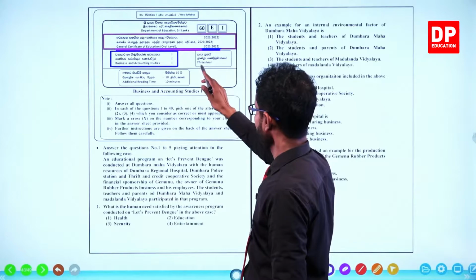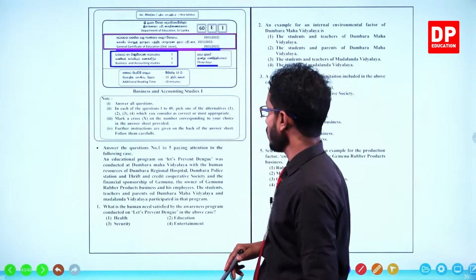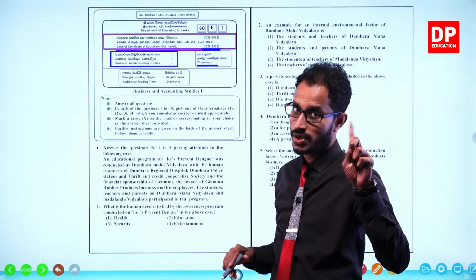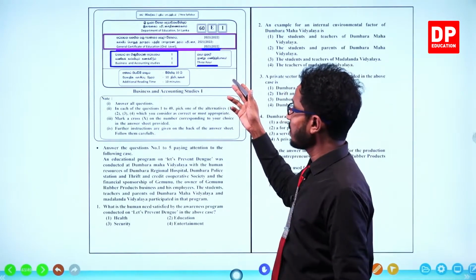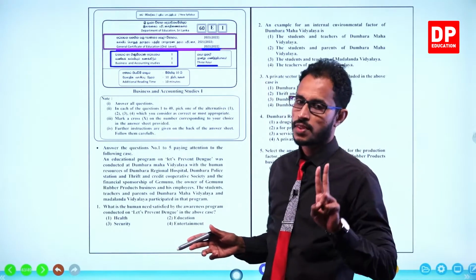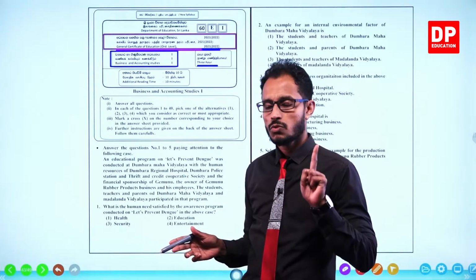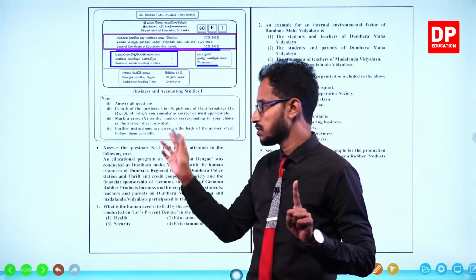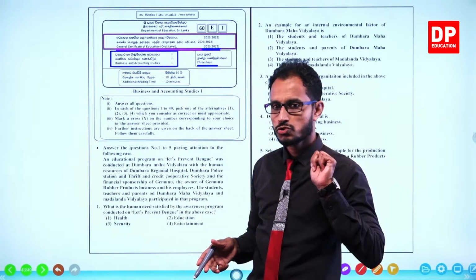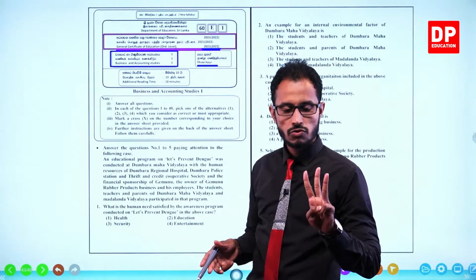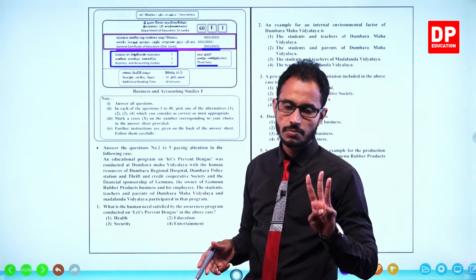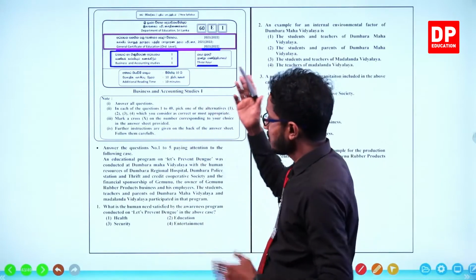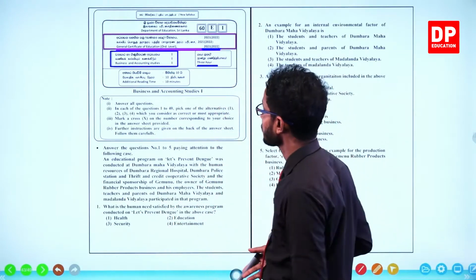You have 1 hour, not 3 hours, okay? 3 hours are mentioned for both papers: 1 hour for this and 2 hours for paper 2, altogether 3 hours. For this paper, you get 1 hour, right?